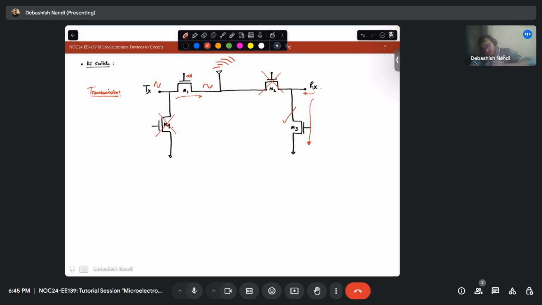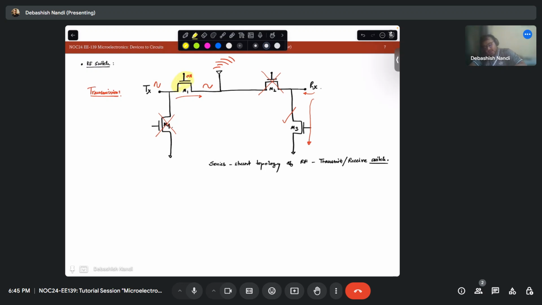This is called the series shunt topology of RF transmit receive switch.